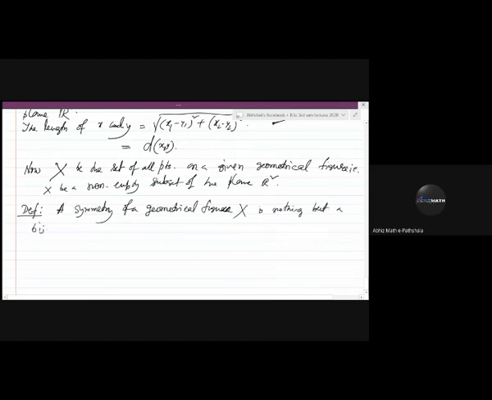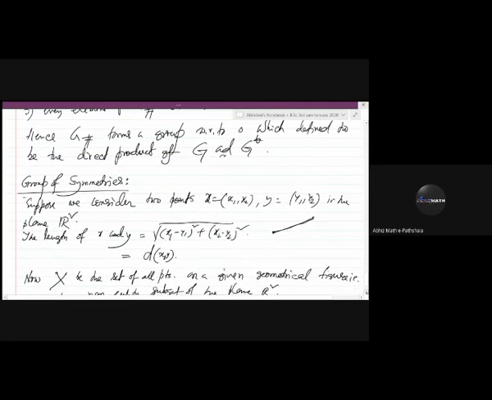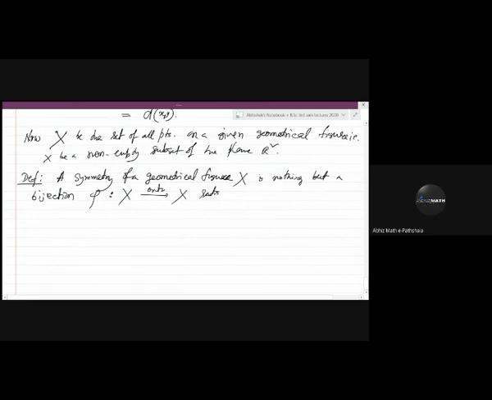A bijection phi from X onto itself, satisfying the following. If this is your X and this is your X, you have this phi.